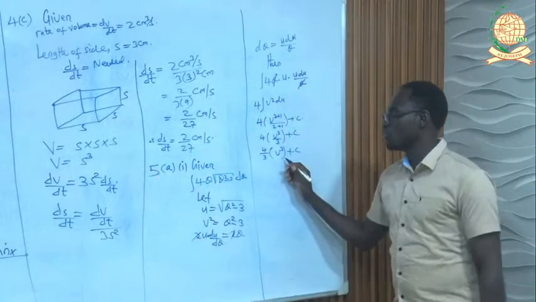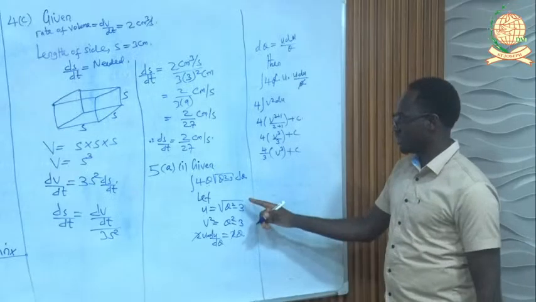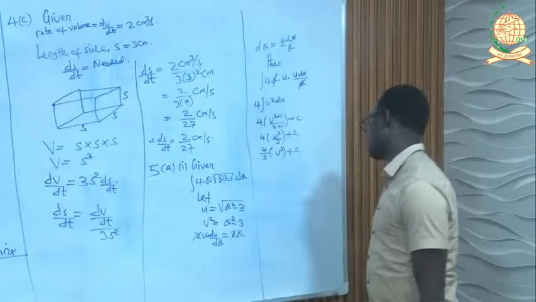Then remember, what is u? u is equal to the square root of θ squared minus 3.